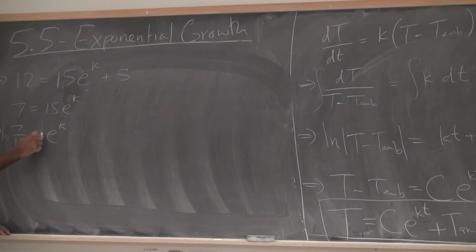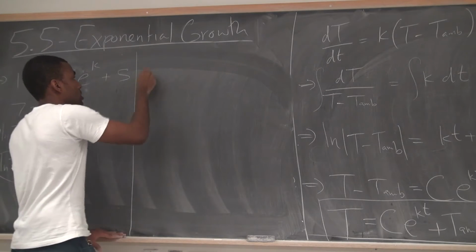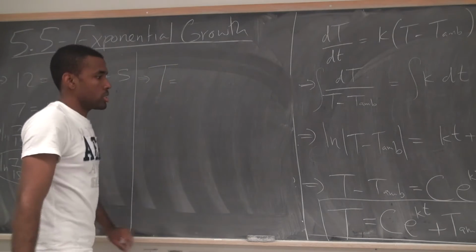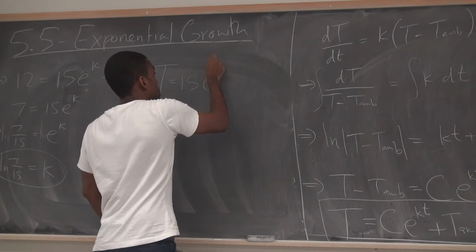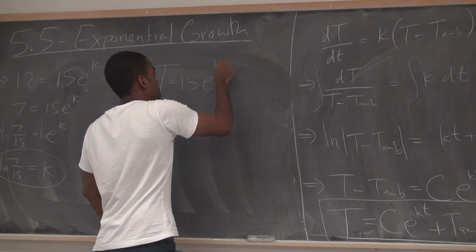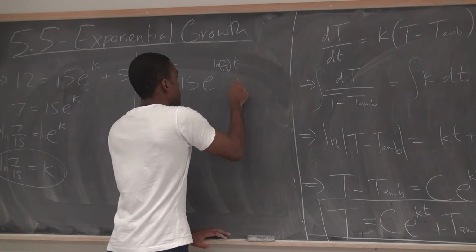Take ln of both sides, so you get ln of 7 over 15 equals k. This means our current temperature is given by 15 e to the ln of 7 over 15 times t, plus 5.